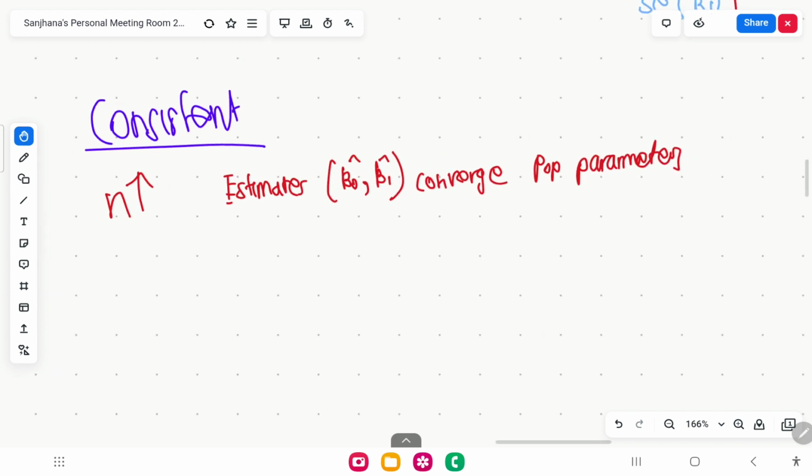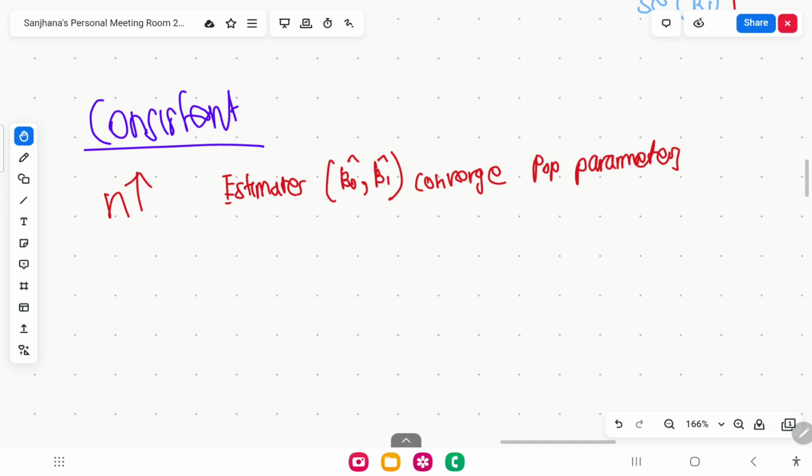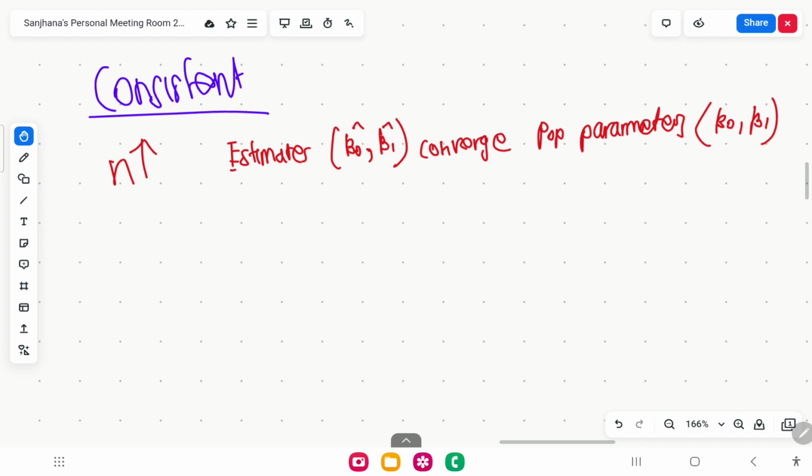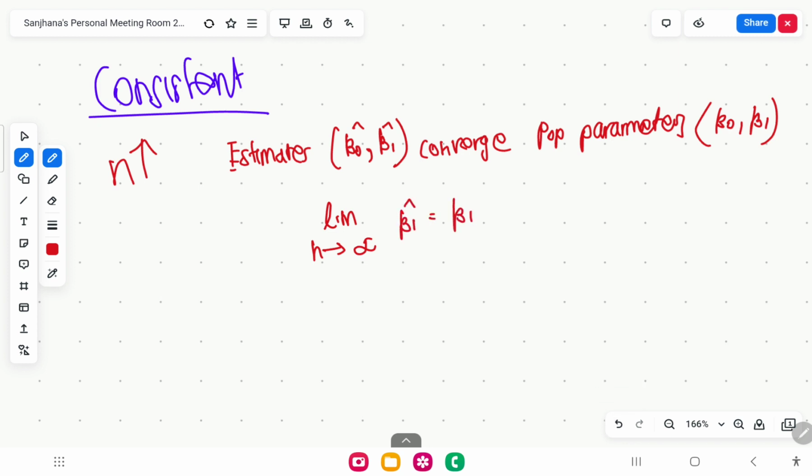So when you increase the sample size, it will ultimately come very close to the population parameters, that is beta naught and beta 1 without a cap. This can be written in notation as: when the limit of your sample size approaches infinity, beta 1 cap is equal to the population value.